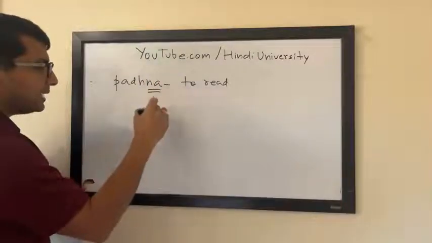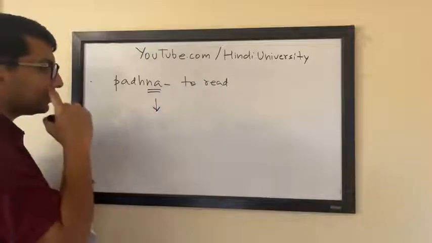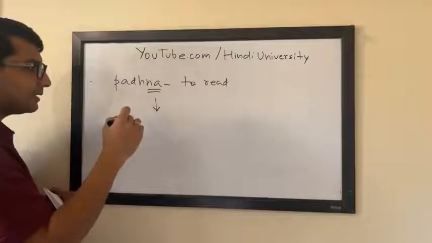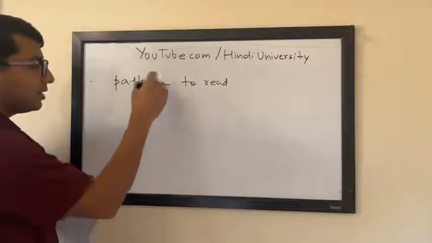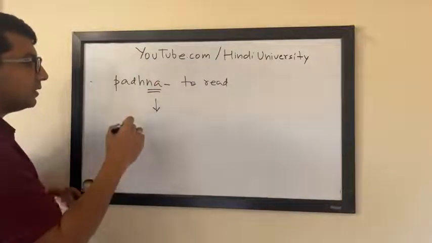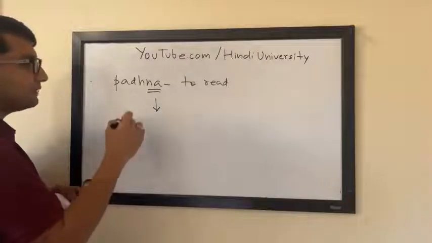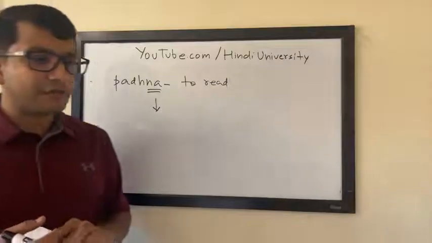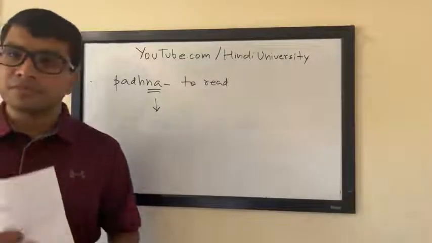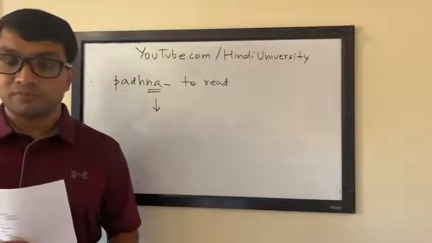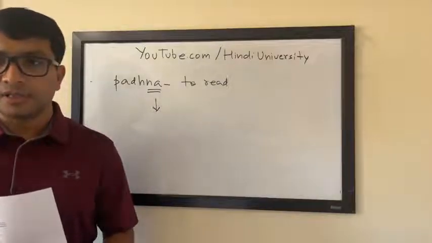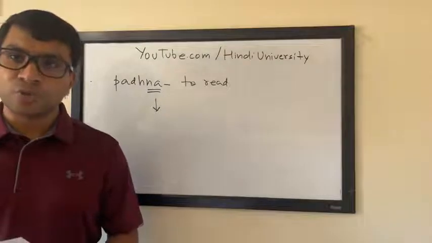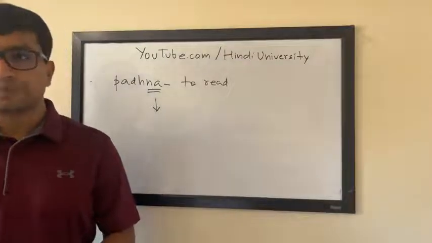When we say oblique case in Hindi, it's a special case where, unlike English, the grammatical form changes. For example, ladka becomes ladke. Ladka is singular, and ladke is plural, but when ladka is followed by a postposition, it changes the form.